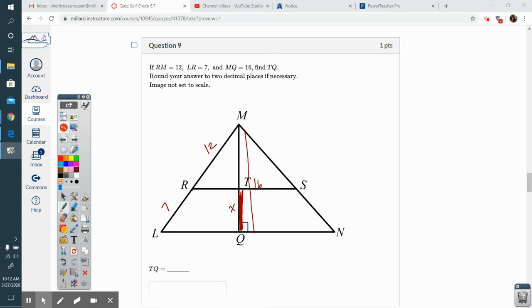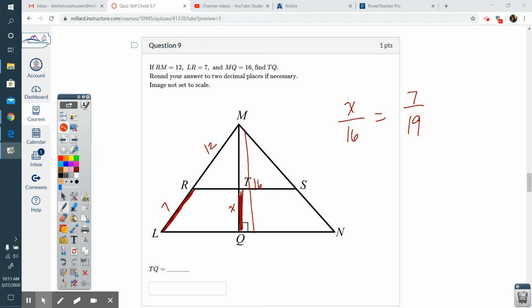You go X to 16, which is the whole. So this small part to the whole is equal to the small part that corresponds with X to the whole. The whole is 19.